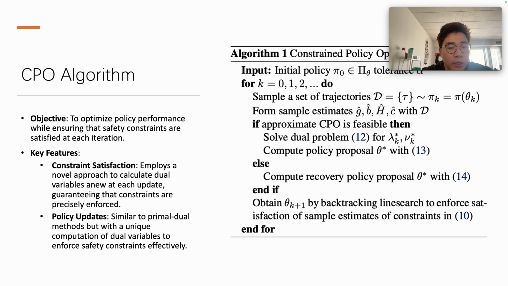The objective of CPO, as we discussed earlier, is to optimize the policy performance while ensuring that the safety constraints are satisfied at each iteration. It has two key features.